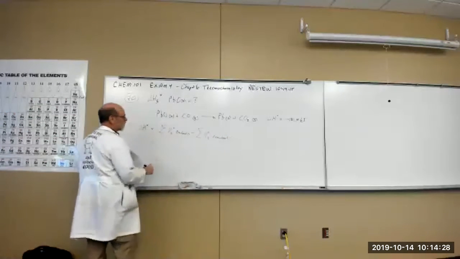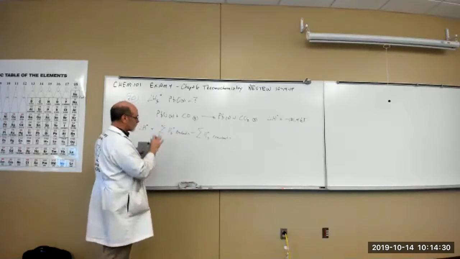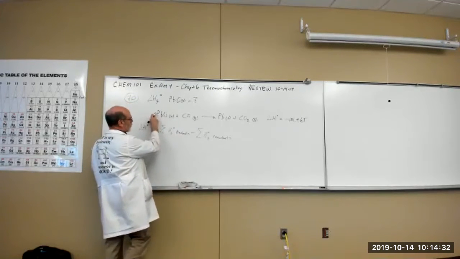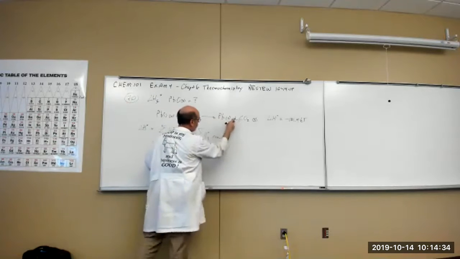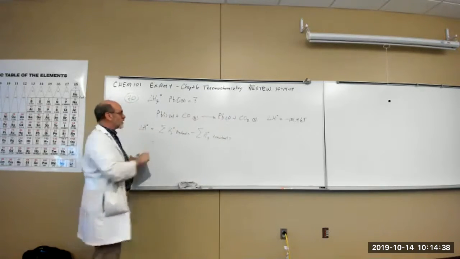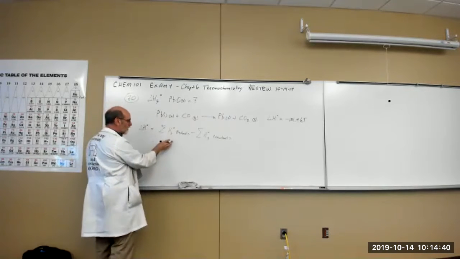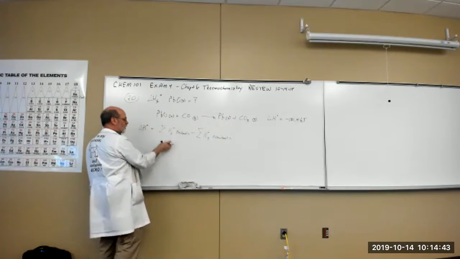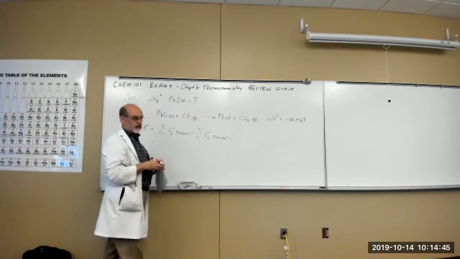Okay, so here's what we do. This one's nice because they're 1, 1, 1, and 1. Coefficients are 1. If the coefficients are different than 1, you have to multiply those times the heat of formation for each one that you put in here.